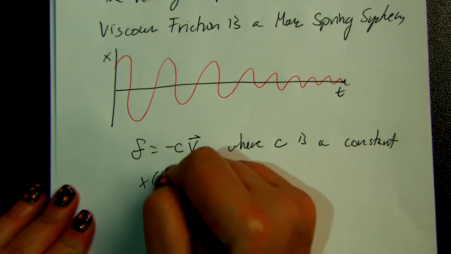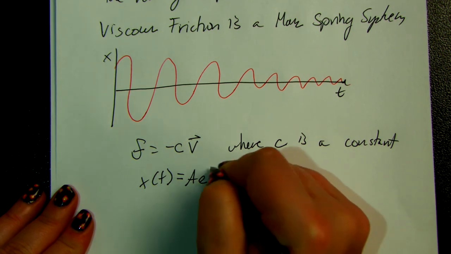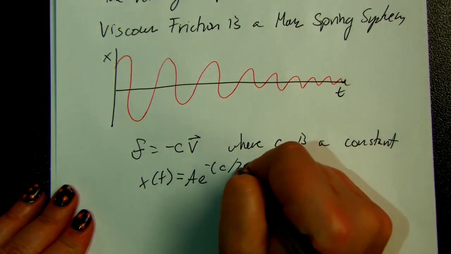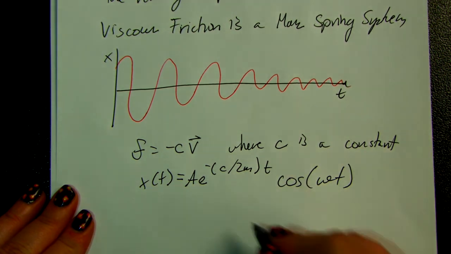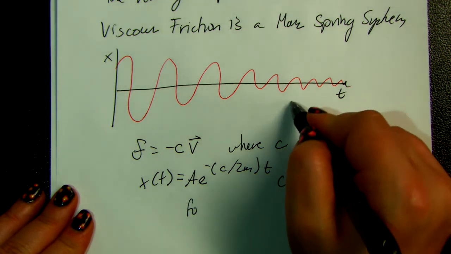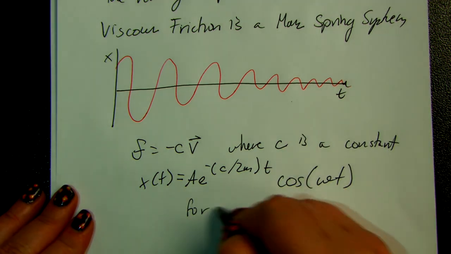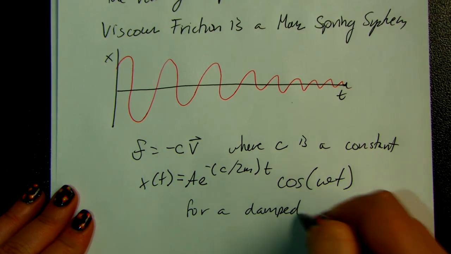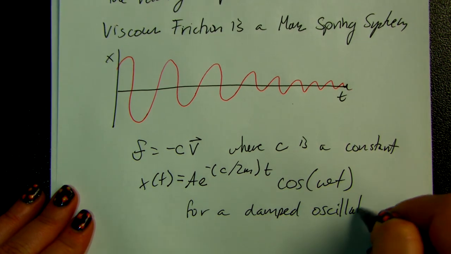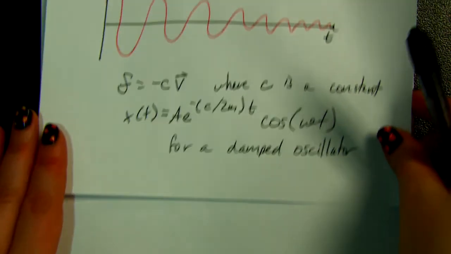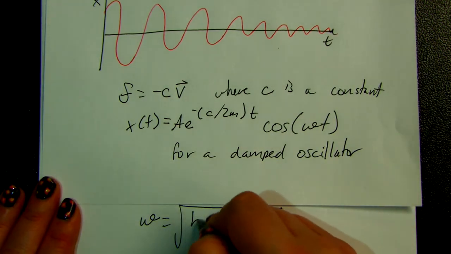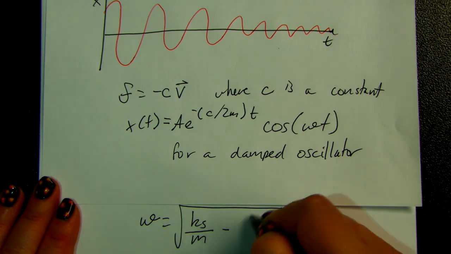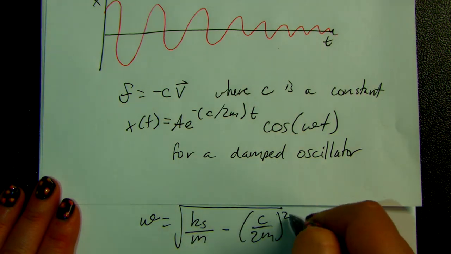So x of t is equal to A e to the minus C over 2m t cosine omega t. And this type of oscillator is called a damped oscillator. So for a damped oscillator, omega is equal to the square root of Ks over m minus C over 2m quantity squared.